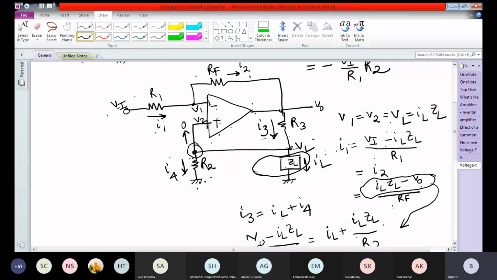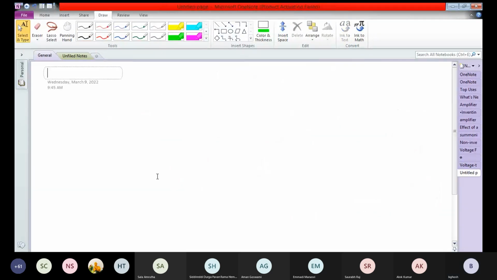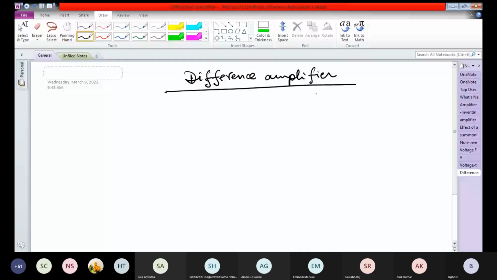So next we have a circuit called a difference amplifier. We saw that the amplifier already amplifies the difference between two signals.